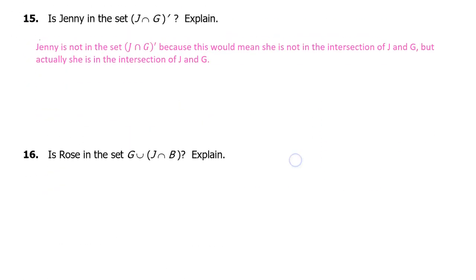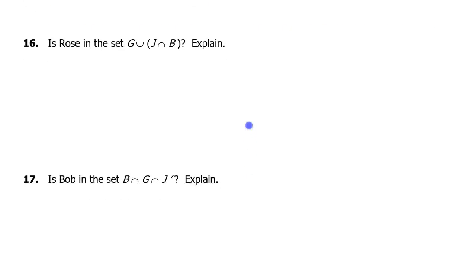Okay, number 16, is Rose in the set G union J intersection B?